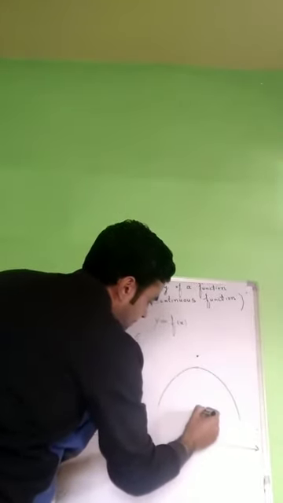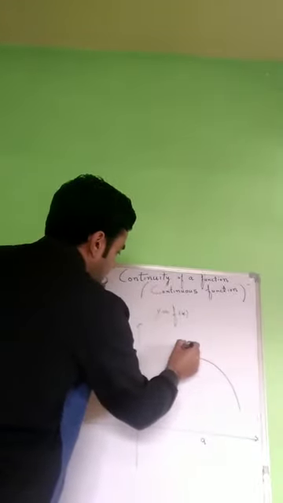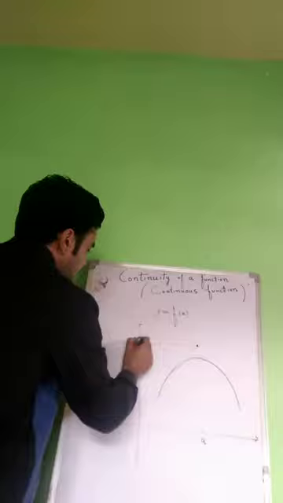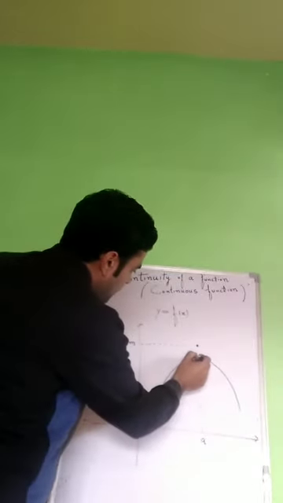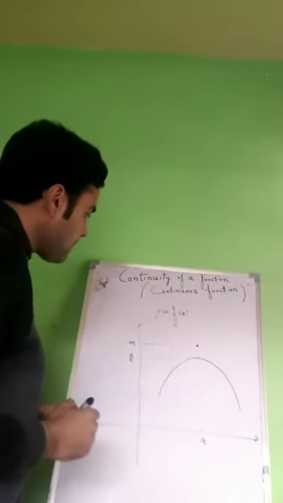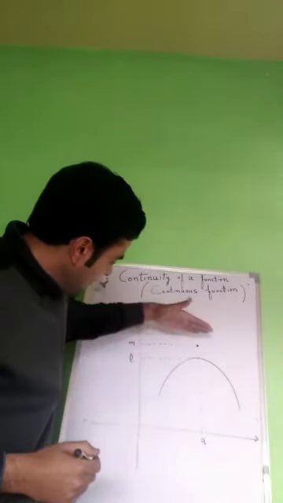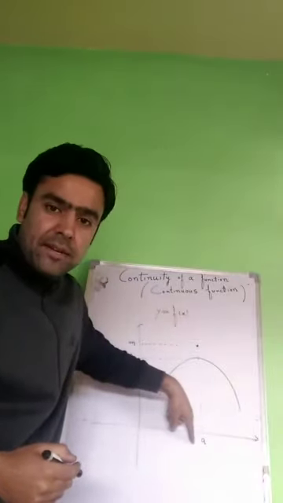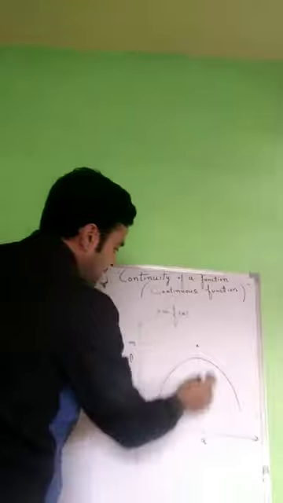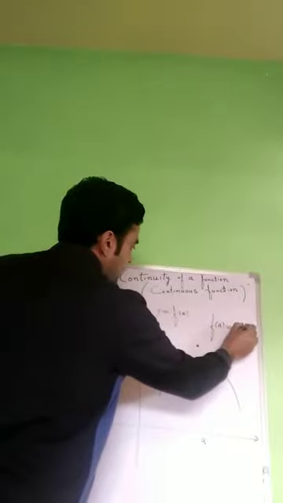Let this be at point A. Now let this point be at height m and the hole be at height L. Since part of this graph is at height m at point A, the value of the function at A is equal to m. That is, f(A) is equal to m.